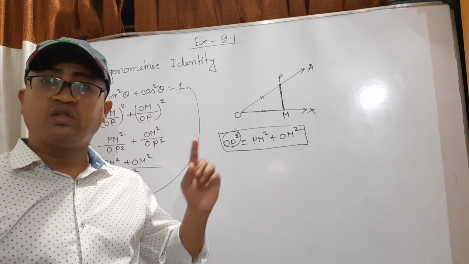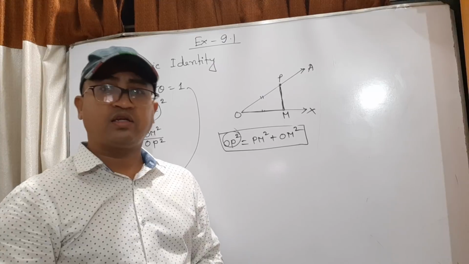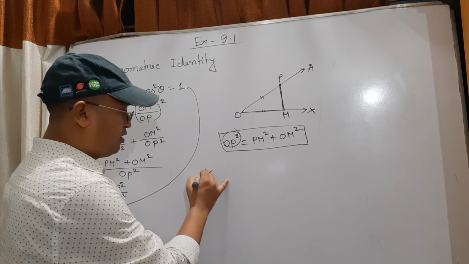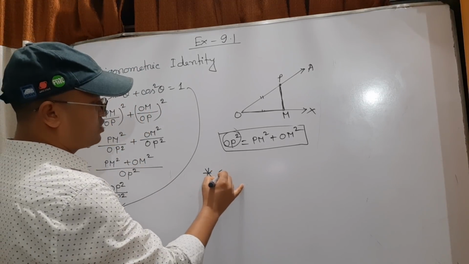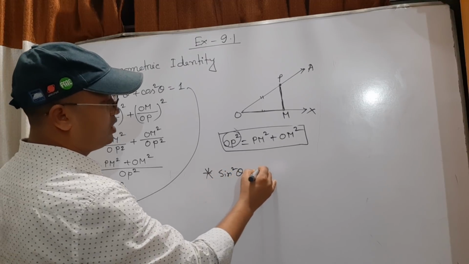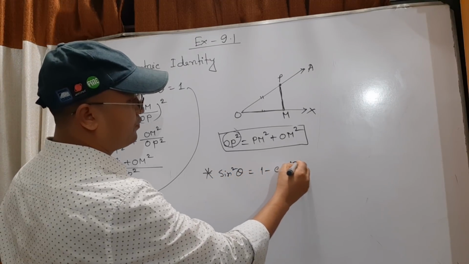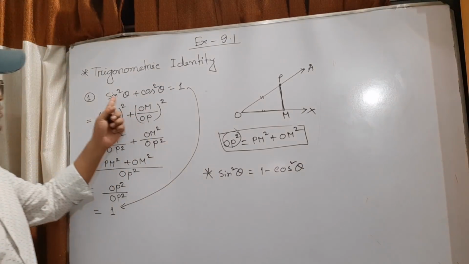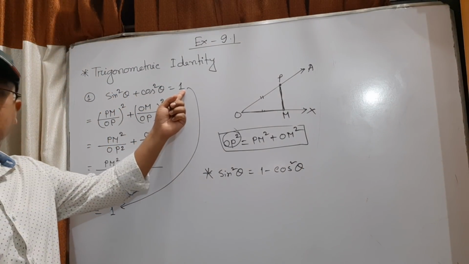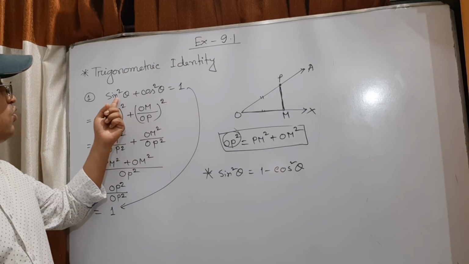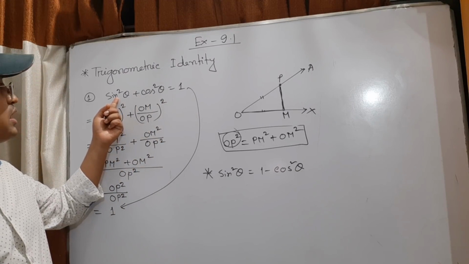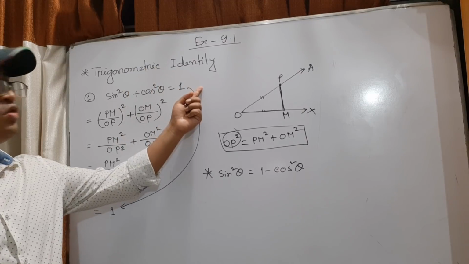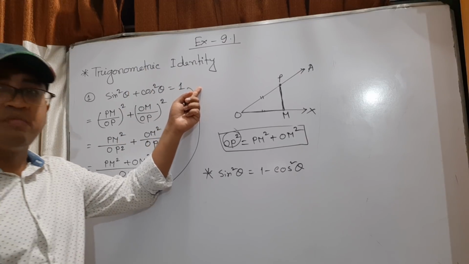Similarly, we can prove more identities. Now look, from this we can write another two identities. That one is sin square theta equals 1 minus cos square theta. Look again, sin square theta plus cos square theta equals 1. So if I want to find the value of sin square theta, cos square theta will go to the right side and it will be minus.